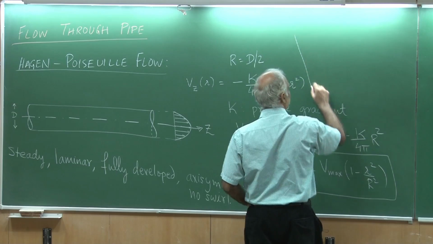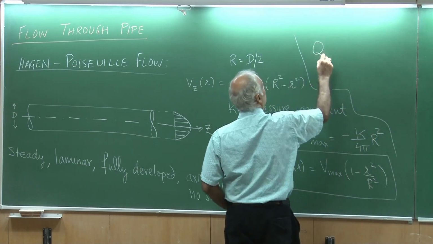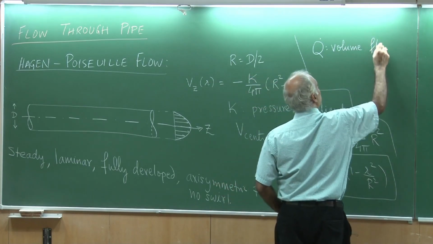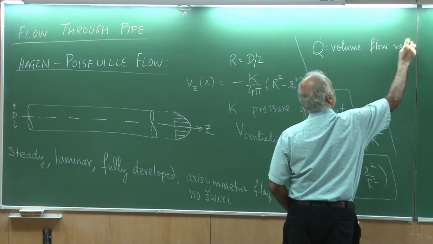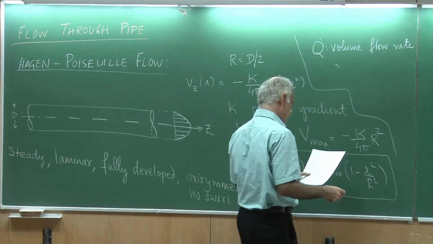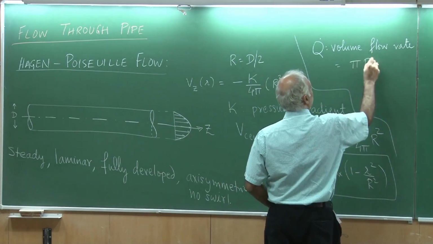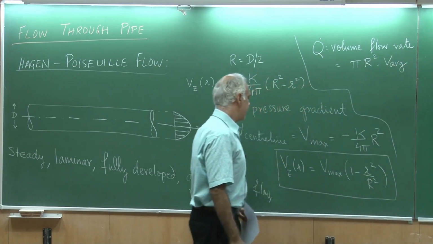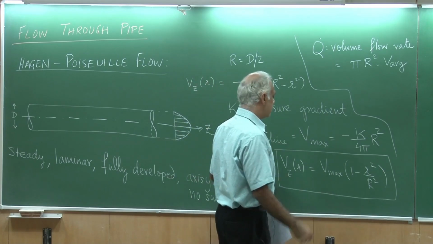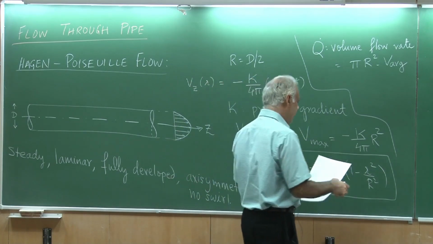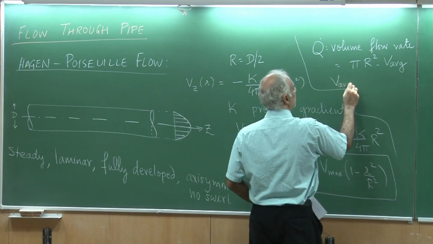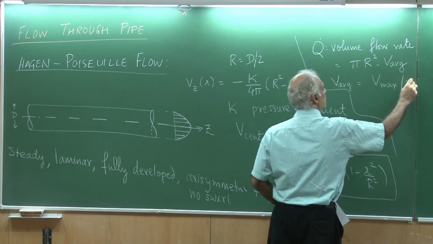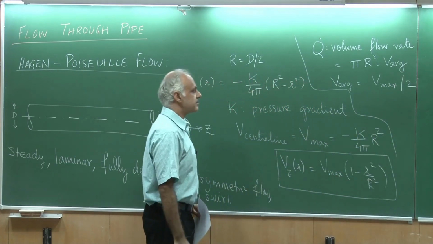Q dot is the volume flow rate, and this we were able to show is given as pi R square times V average, and V average we can calculate from this velocity profile. I had shown you that V average works out to V max by 2.